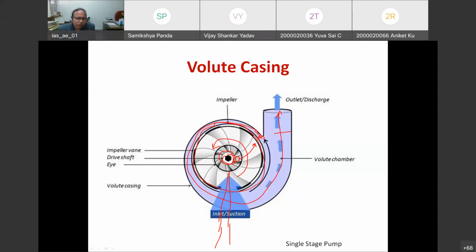Number two, if the cross-sectional area is lower here and higher there, what do you think?